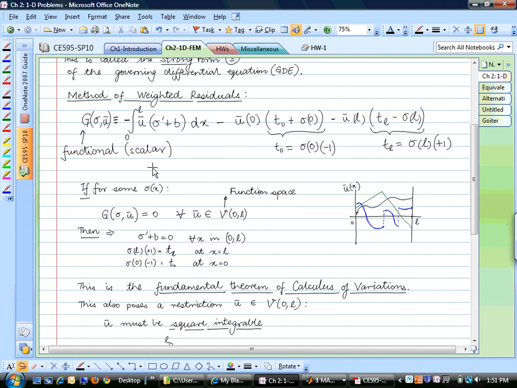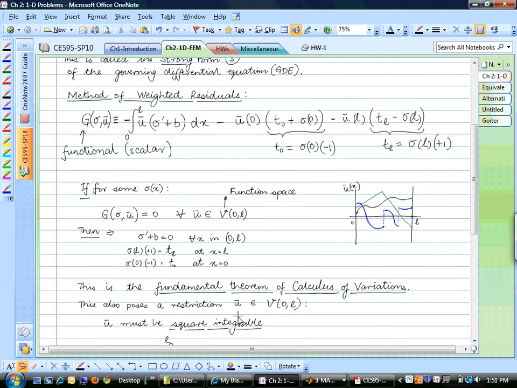One of the things here is the choice of u bar. We just said that we should be able to choose any u bar we want. But are there any restrictions on this u bar? One restriction that this theorem poses on the types of functions that we can choose is that it should be square integrable.